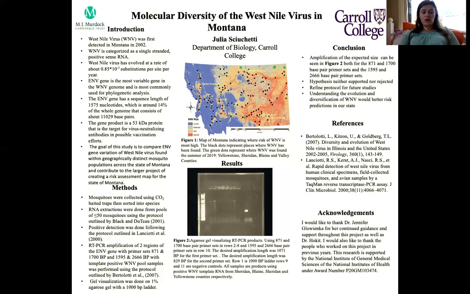So Bertolotti et al. in 2007 in Illinois found that geographic subdivisioning had little effect on sequence because of the increase in mutation rate. Because the mutation rate was so high, there were just not a lot of differences between the West Nile virus sequences in Illinois.